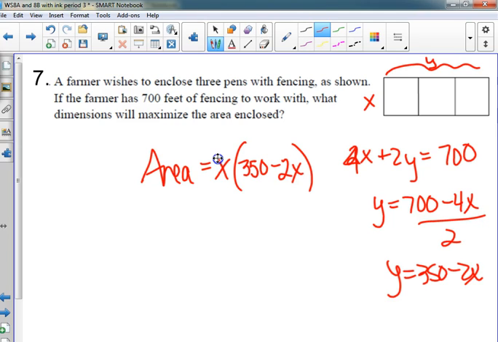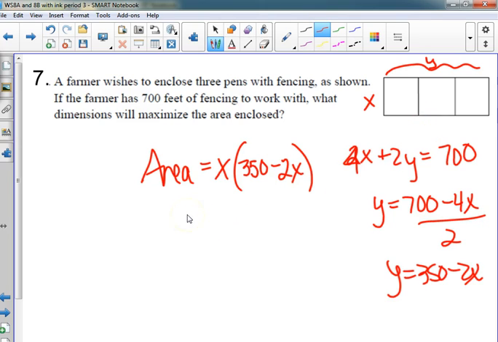I'll go over it tomorrow again. I totally messed that one up. The dimensions.